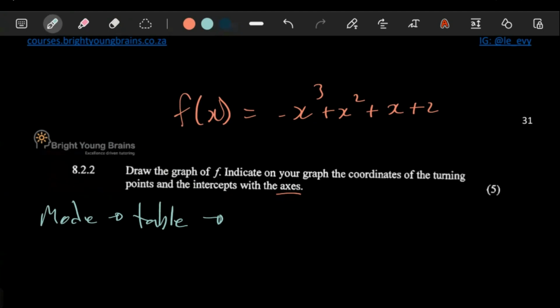You start here at, I usually put negative 8 up until positive 8, and then the step I can put 1 there.